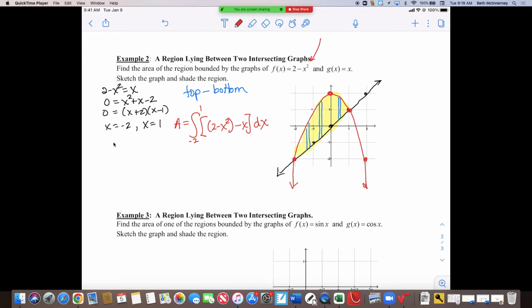All right, so let me continue this one. I said negative x squared minus x plus 2. So that was negative 1/3 x cubed minus 1/2 x squared plus 2x. Then I evaluated, I put 1 in, and then I put negative 2 in.